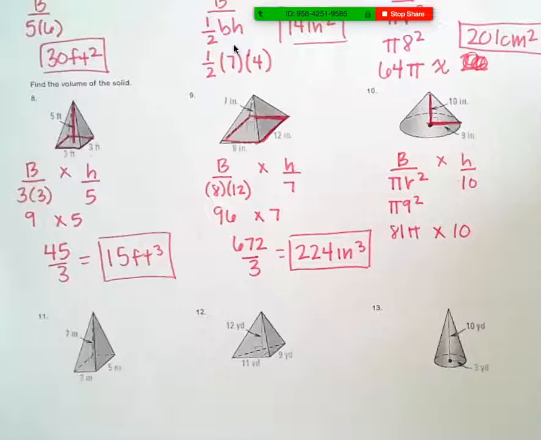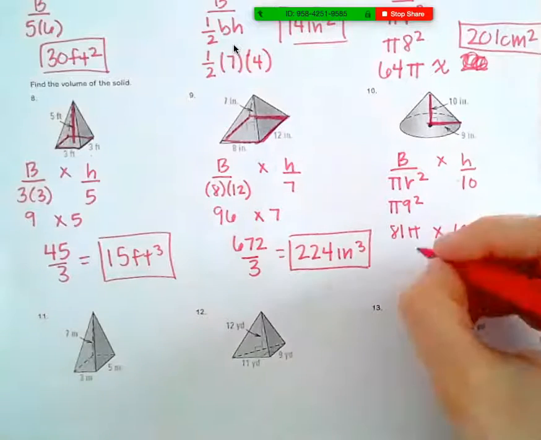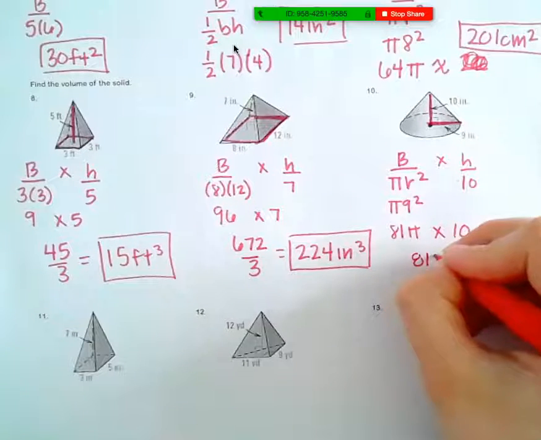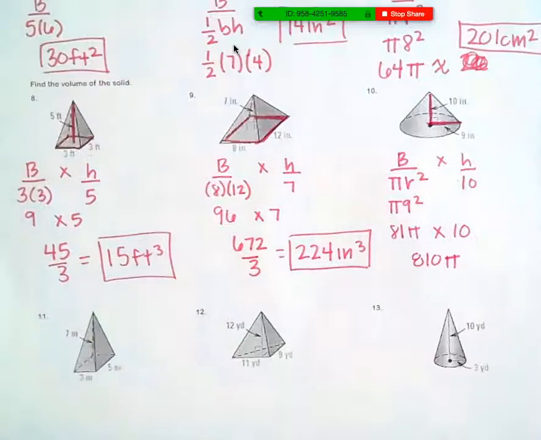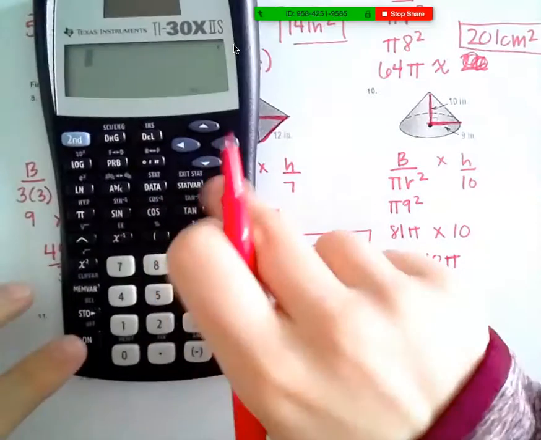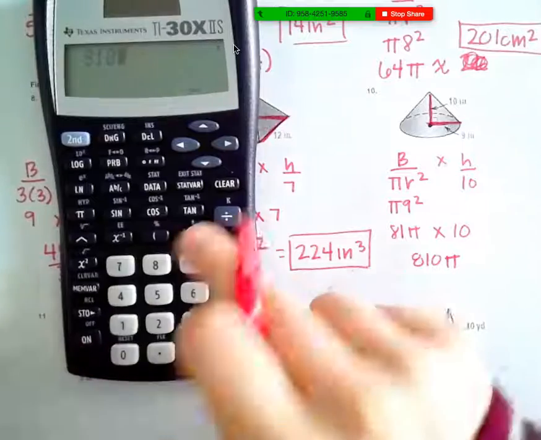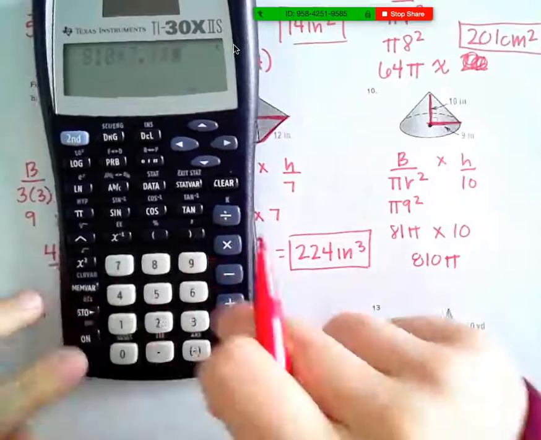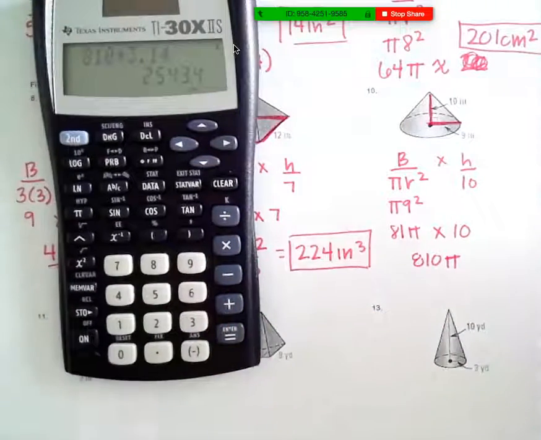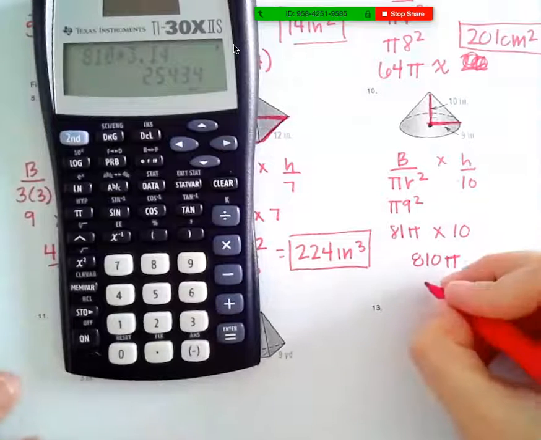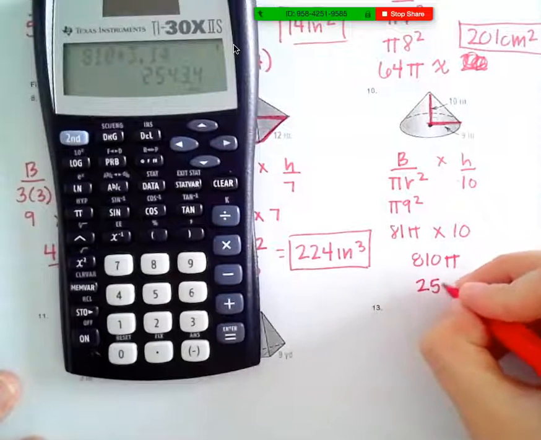You're a little too big. 810, yes. And now we have to multiply 810 times pi. 2,543.24. Good work, Violet.